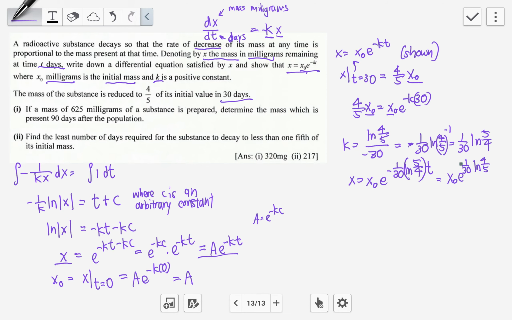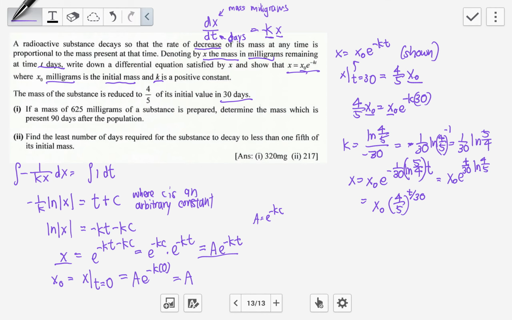Then the t can multiply to the 1 over 30 and get t over 30, and this t over 30 can be brought to the power of 4/5, and then e and ln would cancel off, so we will have x naught times 4/5 to the power of t over 30, and that's it for the equation.